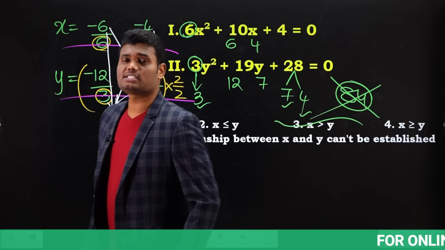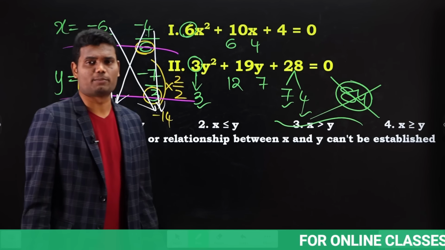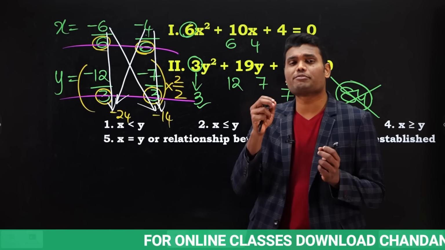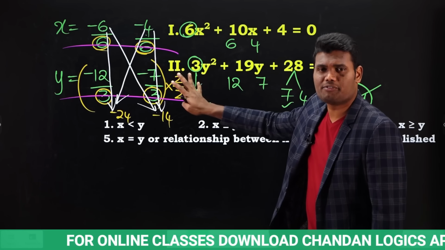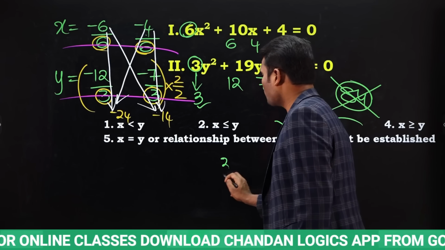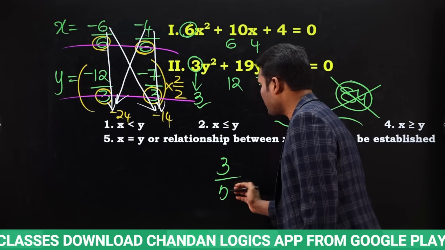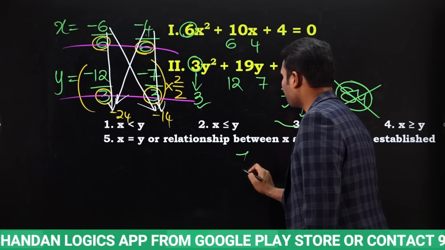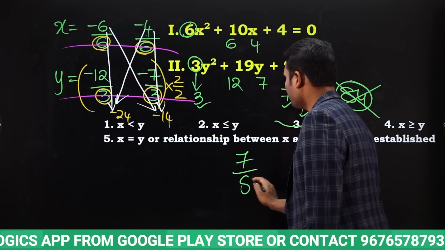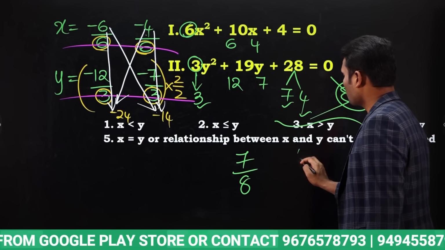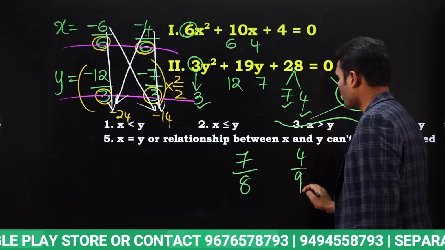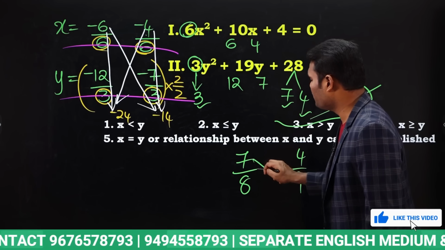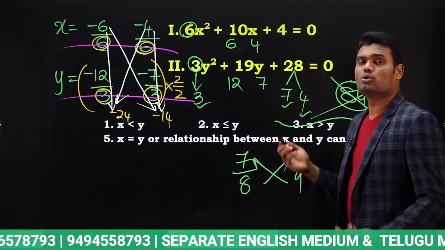Is that clear? Just a fraction of seconds, nothing more than that. You can solve these questions in just a fraction of seconds. Whenever you have a comparison with respect to fractions, what do so many students do? If I have something like 7 by 8 and one more like 4 by 9, without making the denominators the same, either they will do cross multiplication or they will do simplification.